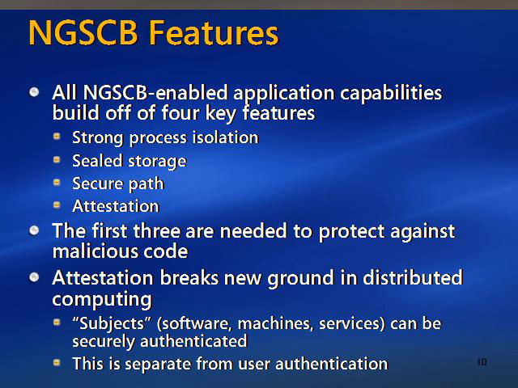That's probably the least familiar sounding one. And that is our idea where I'd mentioned you're running this piece of code and you wonder, is this really my broker's trading application, trading agent? Attestation is all about being able to have identity not just for users, but identities for code. You know which code you're running and which code you're talking to at some other end of a network pipe.